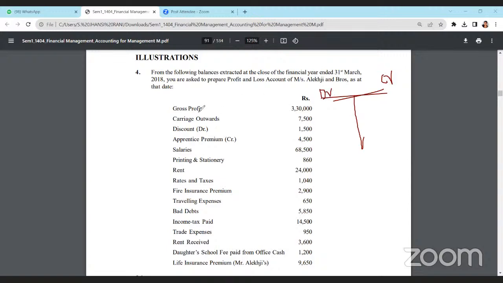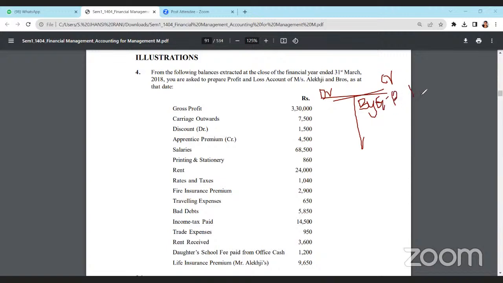So gross profit is an income. Profit means it's income to us, obvious thing. And whenever we get profit, that will be written on the income side, that is credit side. So I write here as by gross profit brought down.